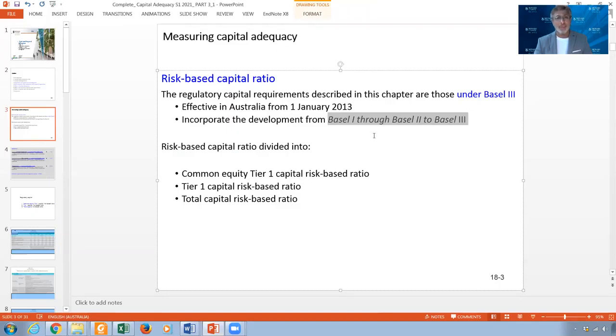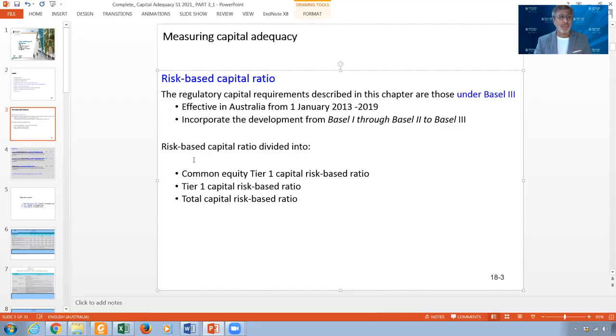We are concerned only with Basel III, which is effective now in Malaysia, Australia, and many countries. The period to apply this requirement given by Basel is from 2013 to 2019. So most countries have to follow this, as I will show you in the timeline.